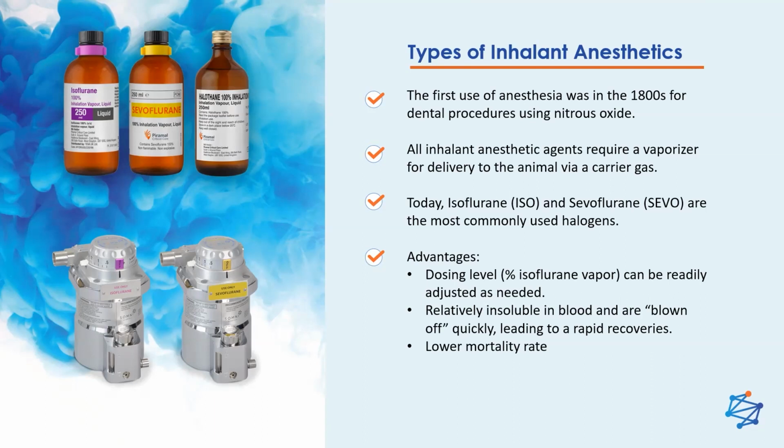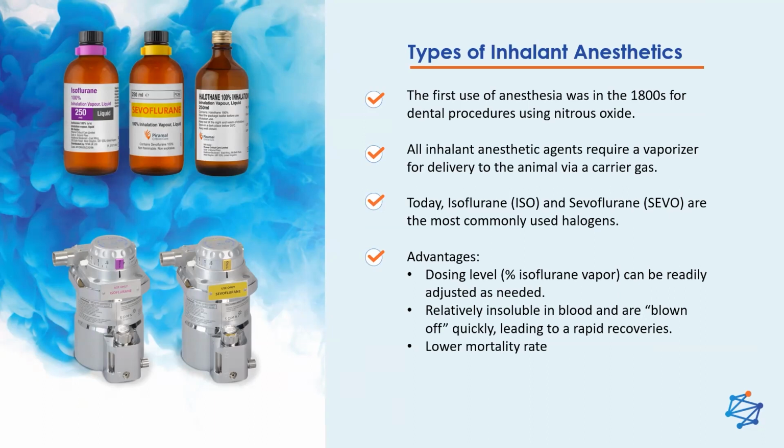All inhalant anesthetic agents require a vaporizer for delivery to the animal via a carrier gas. Two of the most commonly used agents today are isoflurane and sevoflurane, also referred to as iso and sevo. While very similar, iso and sevo have slightly different effects and mechanisms of action, even though the anesthetic result is nearly identical.